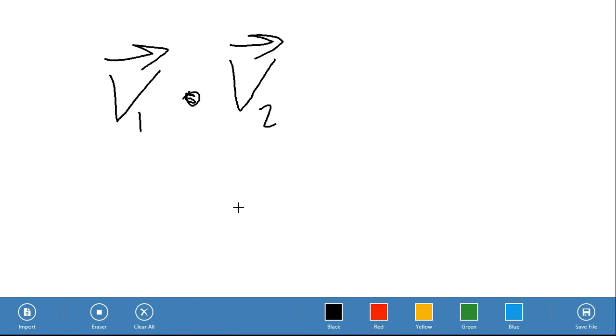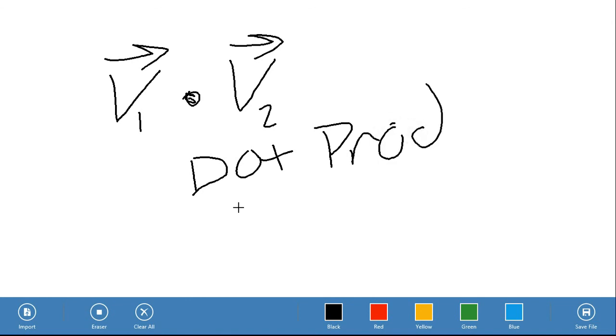Maybe we'll get a scalar, maybe we'll get a vector out. But there's a definition of how to do this, and this is called the dot product. It's very useful in physics and other disciplines as well. It has a lot of applications, so definitely check back next time.